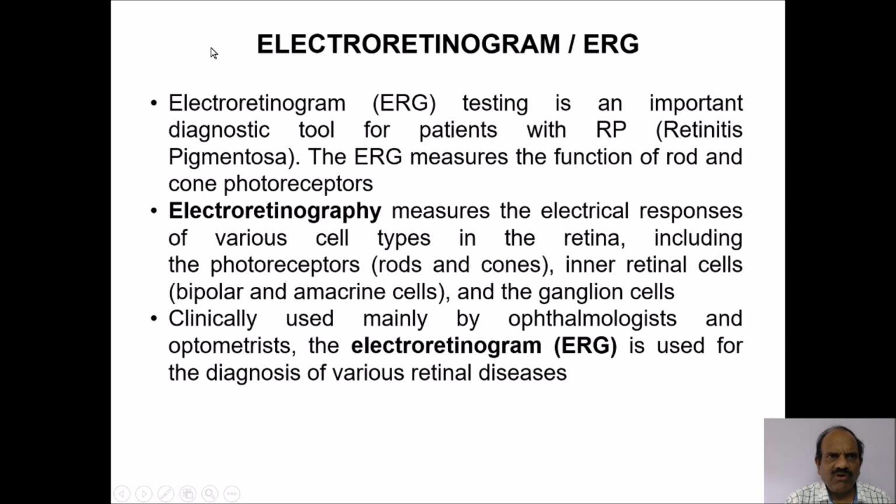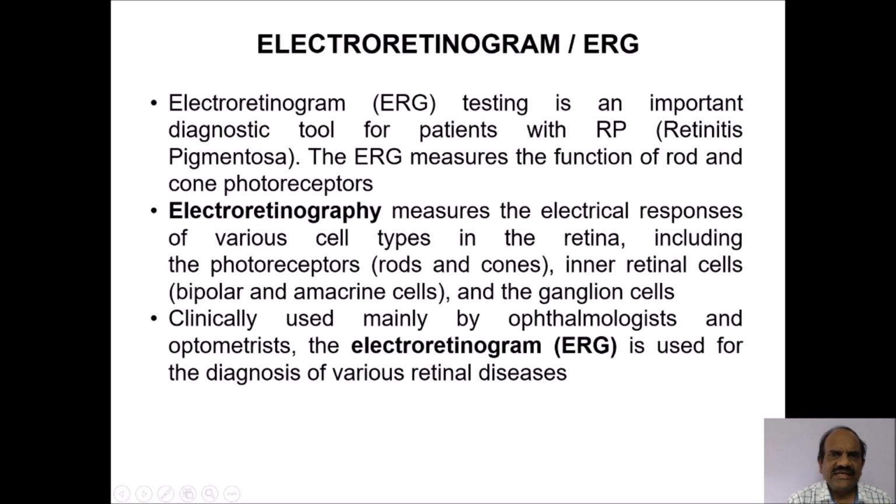The last aspect we are going to study is the electroretinogram or ERG. Electroretinogram testing is an important diagnostic tool for patients with retinitis pigmentosa. The ERG measures the function of rod and cone photoreceptors.